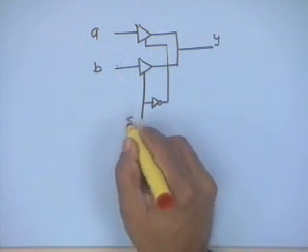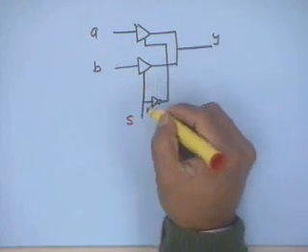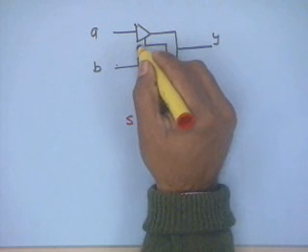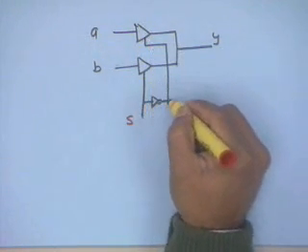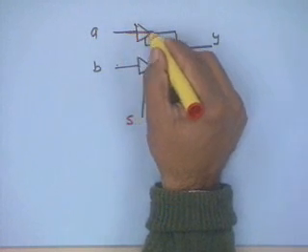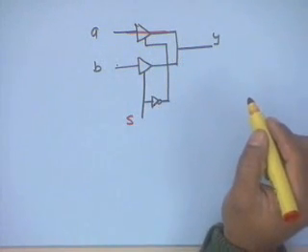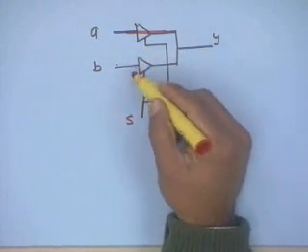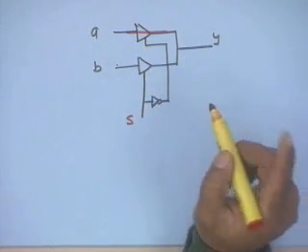Depending upon this select line, if the select line happens to be 0, then this A is going to come at the output, because this enable is going to be active, since the 0 means this is going to be 1. If S happens to be 1, then this will be disabled and this will come at the output.